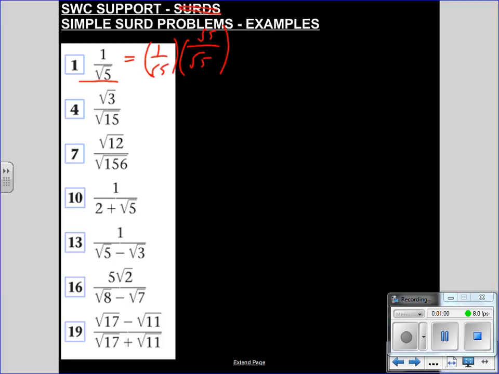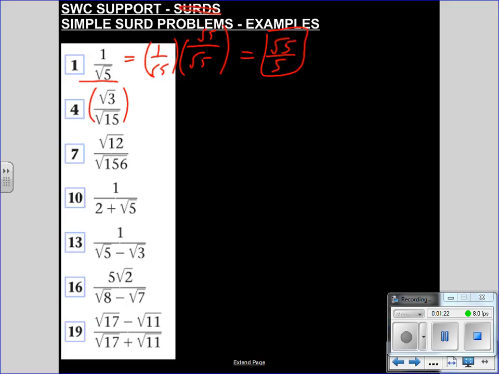So we haven't changed anything. And therefore, shouldn't really be writing across like this, but we'll do it just for this video. This is root 5 times 1, which is root 5. Root 5 times root 5 is 5. Done. Now the root is off the bottom, so rationalize means move the root off the bottom.